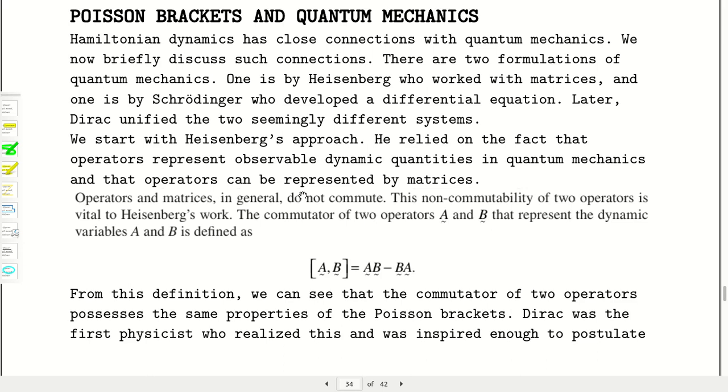Every dynamical variable like displacement, momentum, time, energy, these dynamical quantities have different operator forms in quantum mechanics. This is the basic postulate of quantum mechanics.